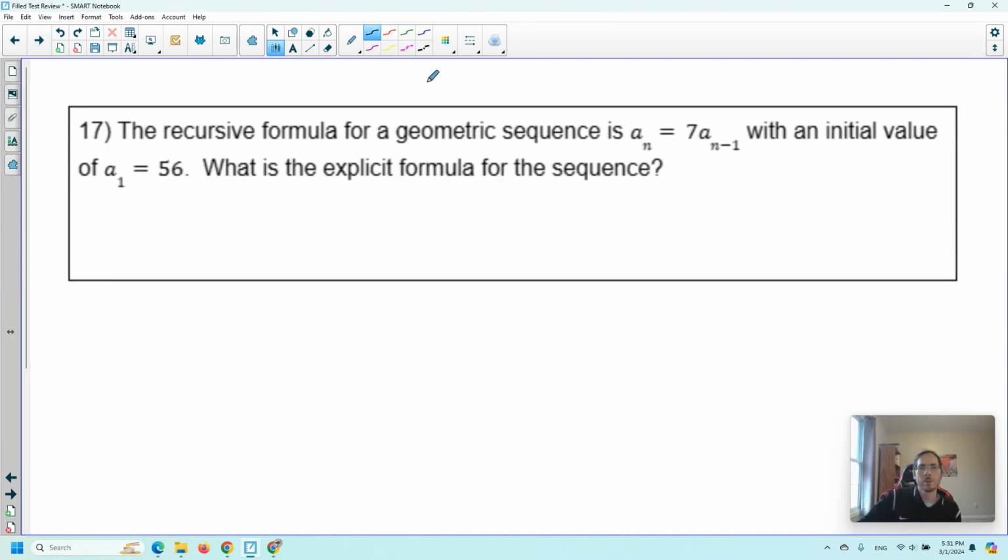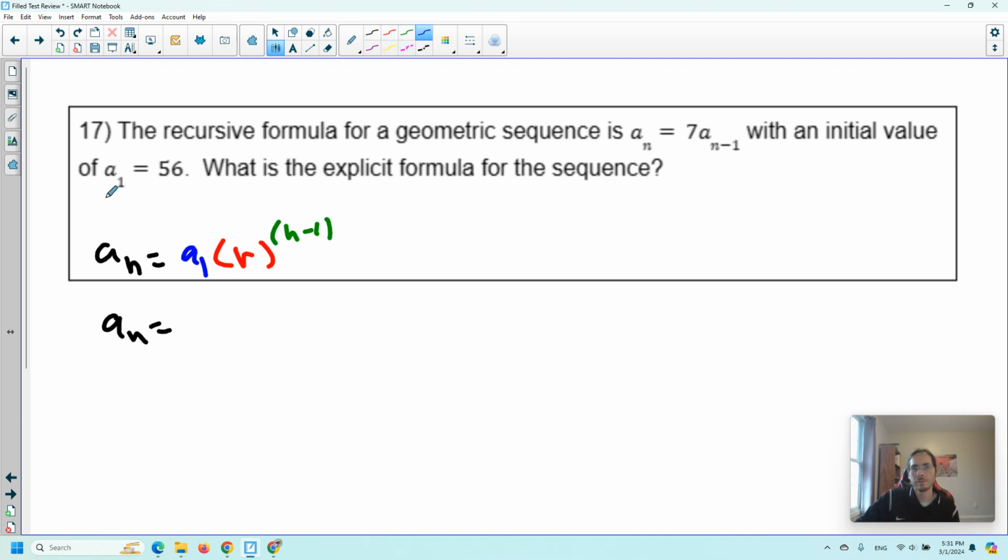For 17, now we have the recursive. We got to go backwards. So again, our formula to get to explicit is A sub n equals A sub 1 times r to the n minus 1. All right, well, A sub 1 is what we start with.